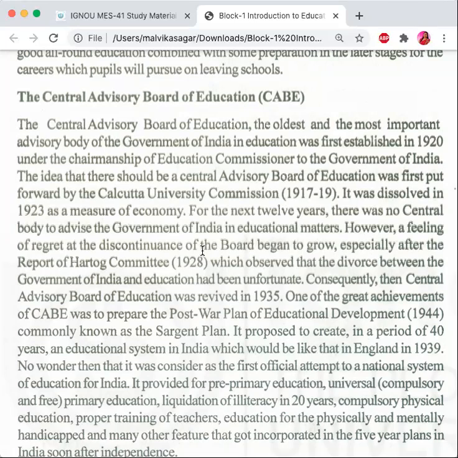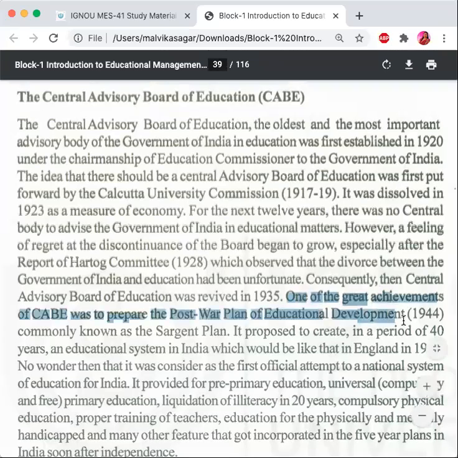One of the great achievements of CABE was to prepare the post-war Plan of Educational Development in 1944. So this is again an important point which might come in the examination, wherein they can ask you what was the greatest achievement of CABE. It was to prepare the post-war plan of educational development, in the year 1944.